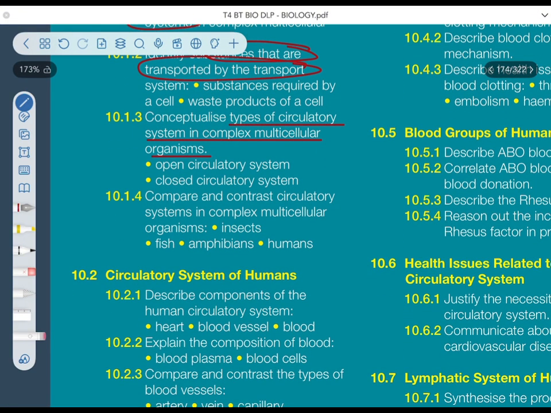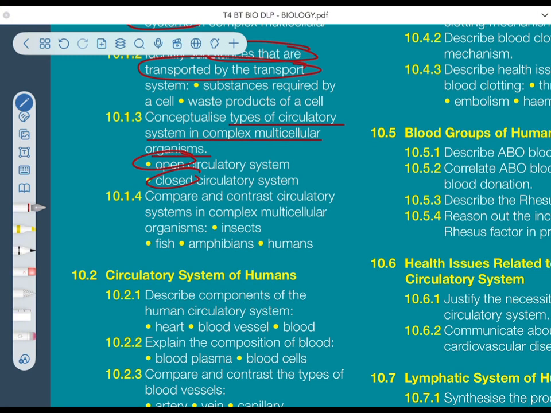As I mentioned just now, we have two types of circulatory system in complex organisms: the open circulatory system and the closed circulatory system. We are going to look at the similarities and differences between these two circulatory systems.